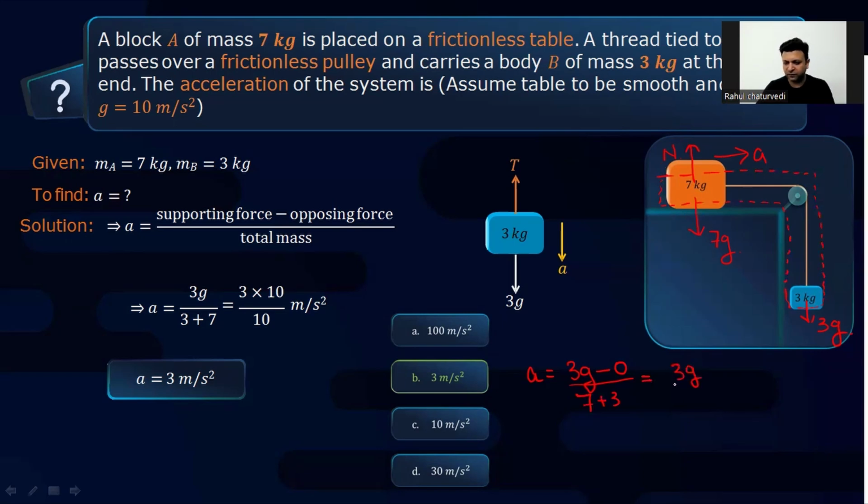So this will be 3G upon 10, or 3 into 10 upon 10. So finally you will have 3 meter per second square. So this will be your required acceleration, right? So again, I'm telling you, you have to use the very basic formula that acceleration is equal to supporting force minus opposing force divided by total mass. So the answer here will be B.